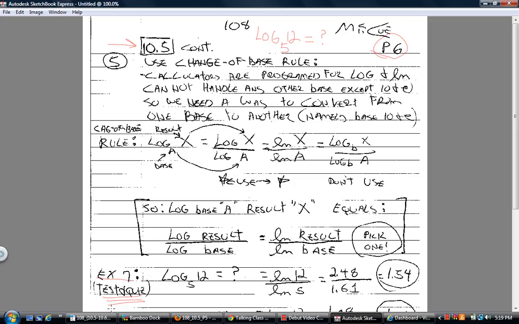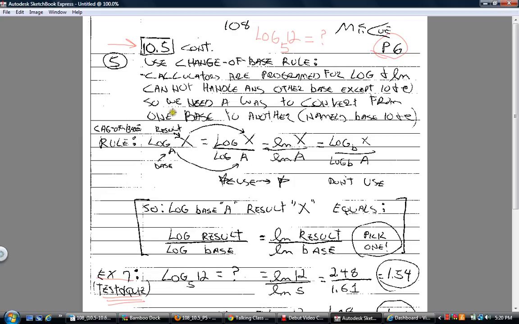What's kind of cool here is we have our scientific calculators. They have been programmed to handle base 10, which is just plain log, or ln, which is natural log. We got them on our calculators, and so this change of base rule allows us to follow this mechanical process here.